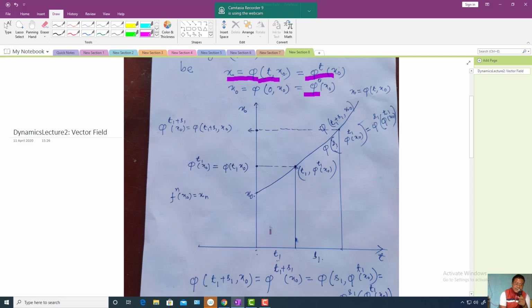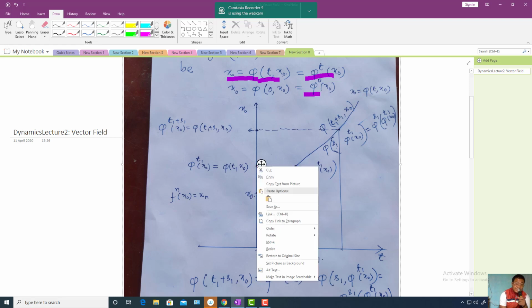Then after time has lapsed by t1 units, this is time 0 and this is time t1. From the curve, your original position x naught moves to here. So moving, that is dynamics.